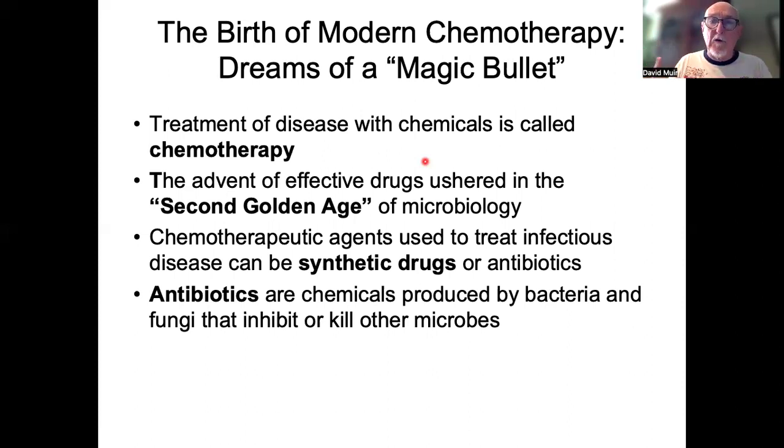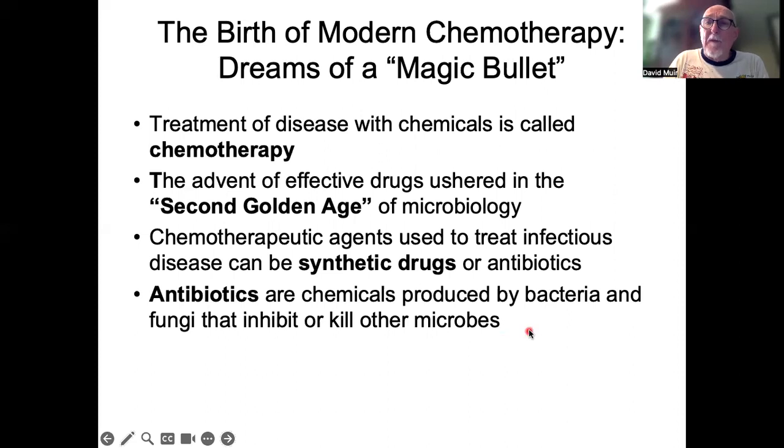The second golden age of microbiology was when we began to use chemotherapeutic agents to limit infection when it had already been established. And of course, for us, the most familiar chemotherapeutic agents are the antibiotics, but there was a long history to their development.